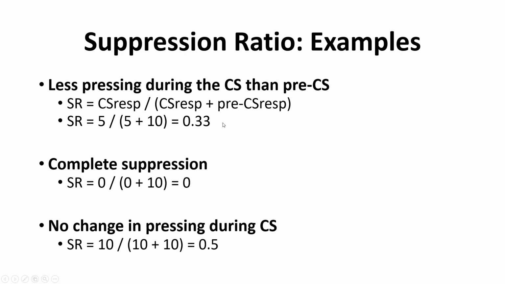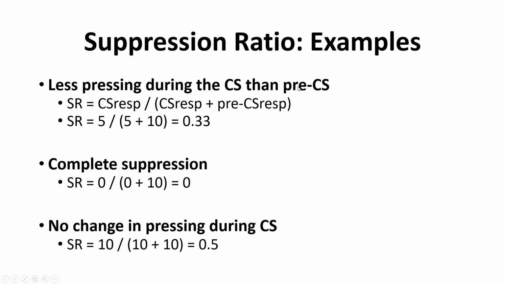So that's somewhere in the middle. It's between 0 and 0.5. So we're saying that there was some suppression, but it wasn't complete. For complete suppression, we would be looking at something like, say, zero lever presses.